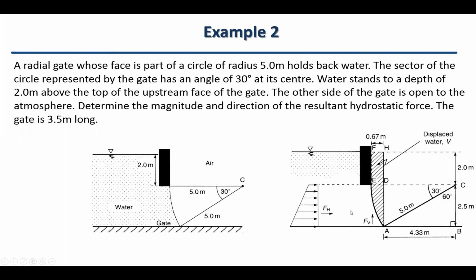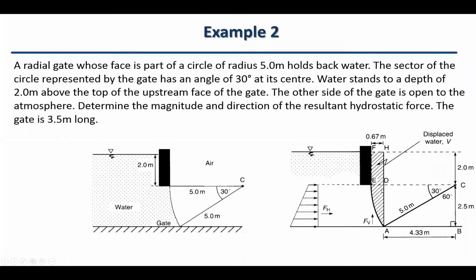Okay, let's see how to calculate that. We have a little bit of difficulty, because if we analyze this, we can see there's a rectangle at the top, but there's also part of a sector, a 30-degree sector.